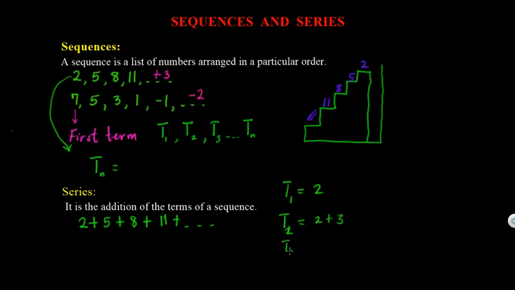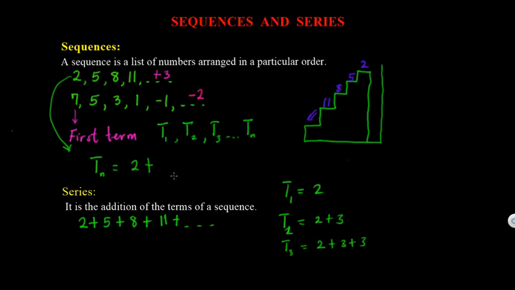The third term is derived by 2 plus 3, add another 3, and so on. If we realize this, we can say the second term, we add just one 3. The third term, we add just two 3s. If it is the fourth term, we add three copies of 3.